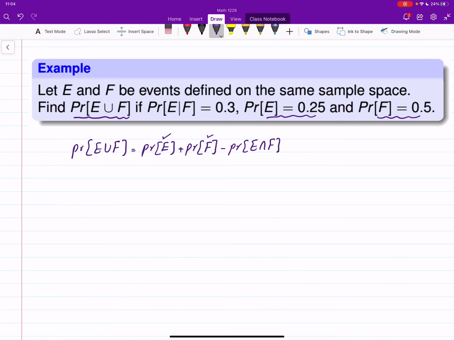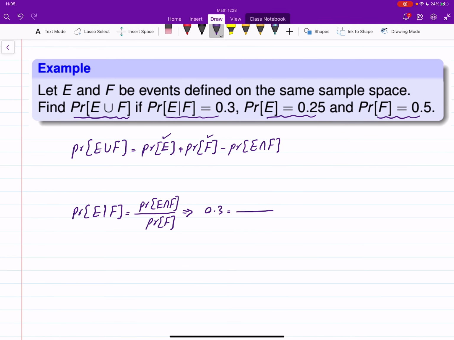But since the conditional probability is given, remember that probability of E knowing F is equal to probability of the intersection, that's what we want to find, divided by probability of F, the given part. But see, the left-hand side is given. This is 0.3.